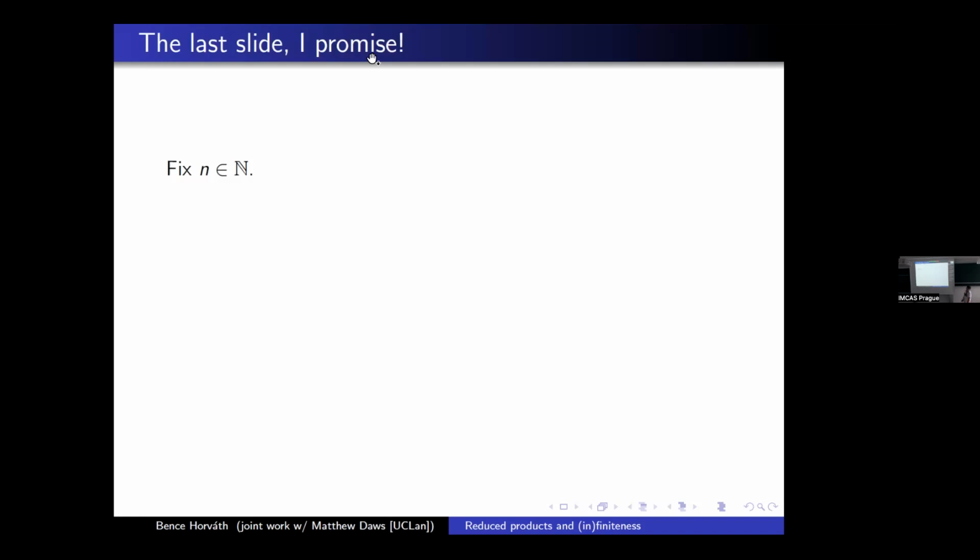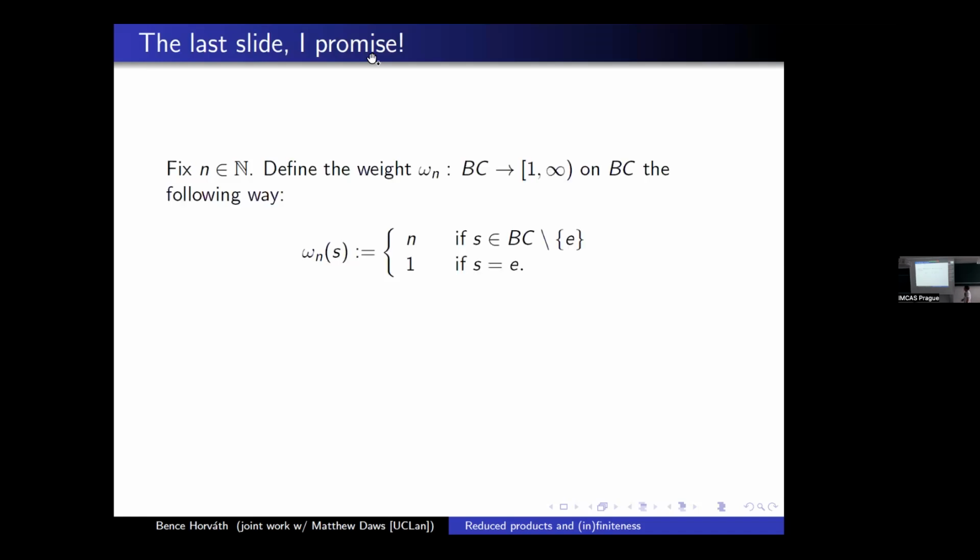Yeah, this is really the last slide. What you do is you define your weights on the bicyclic monoid as such. That's really simple, really. It's one when your element s is the identity, and it's n everywhere else. And then you consider this sequence.